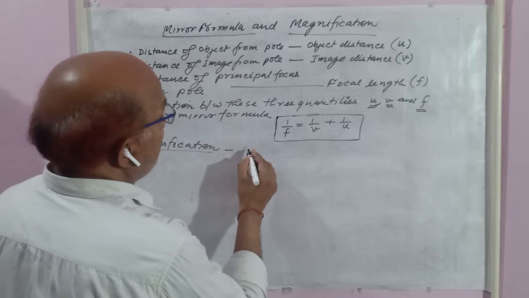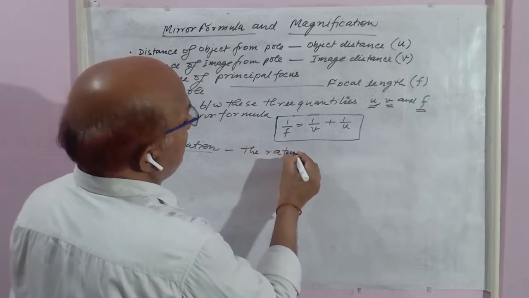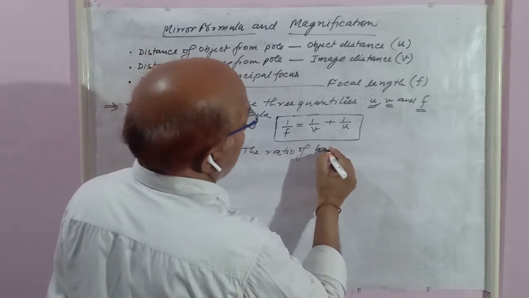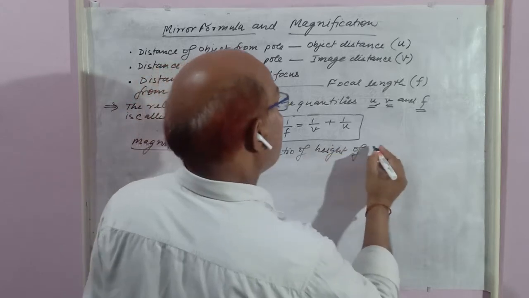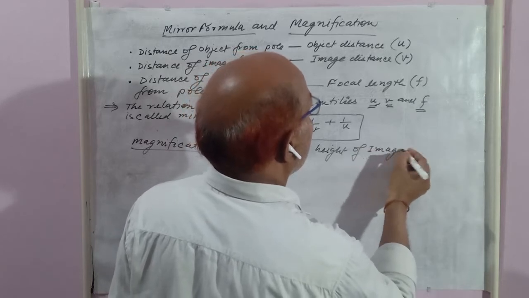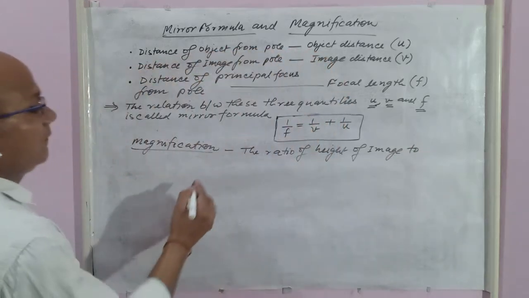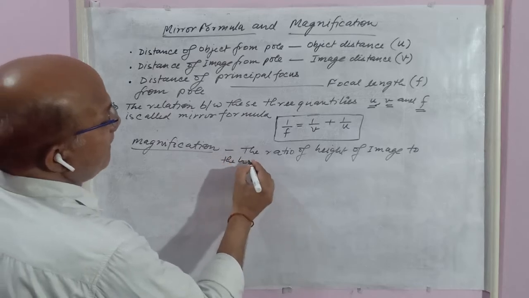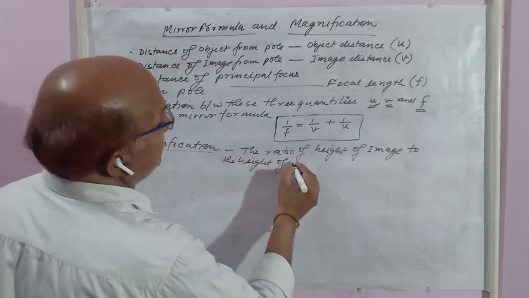It is actually the ratio of height of image to the height of object.